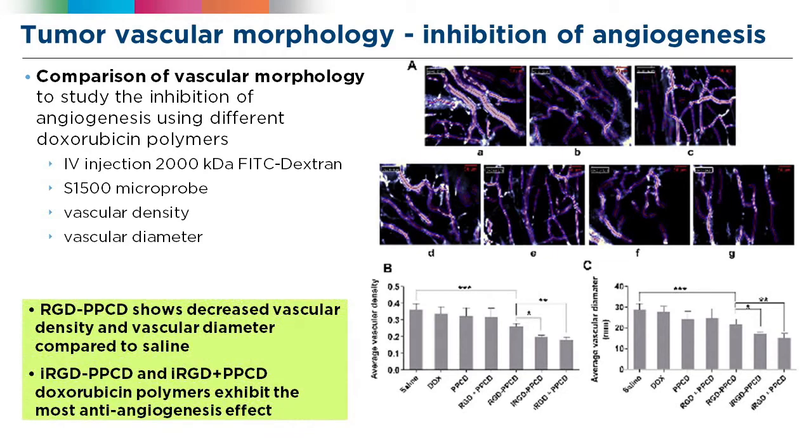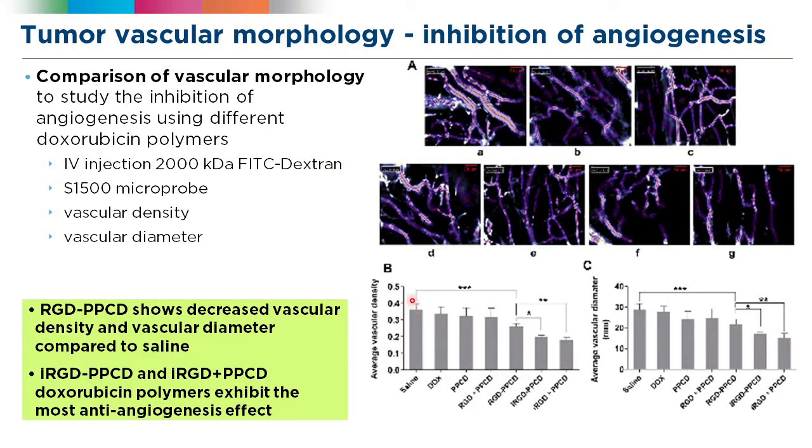What they observed is that when the doxorubicin polymers are coupled with RGD peptide, they had a decreased vascular density and a decreased vascular diameter compared, so look at here, compared to saline.